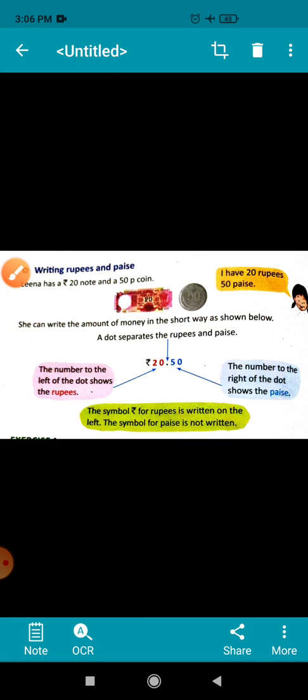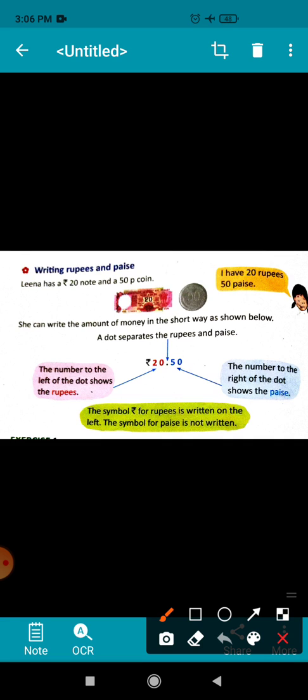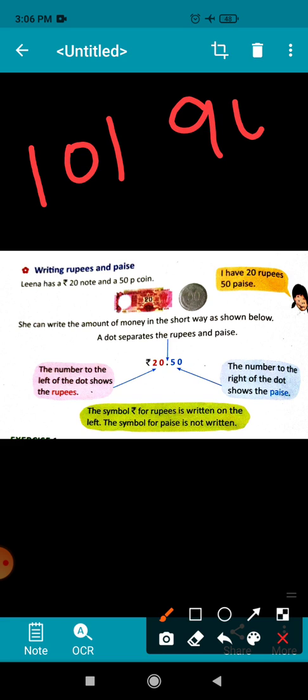Suppose you want to write 101 rupees and 90 paisa. So first we will write 101, then 90 paisa. Okay, and separate them with a dot and here put the symbol.